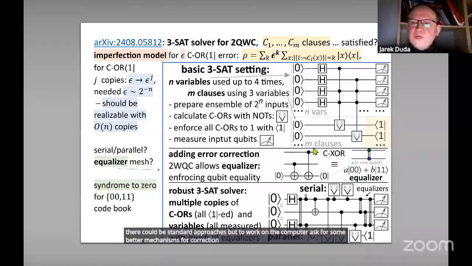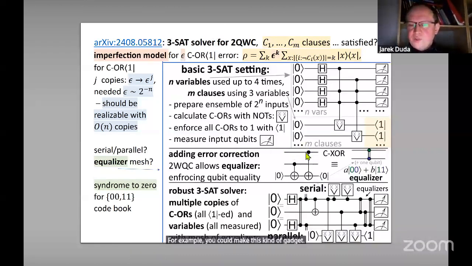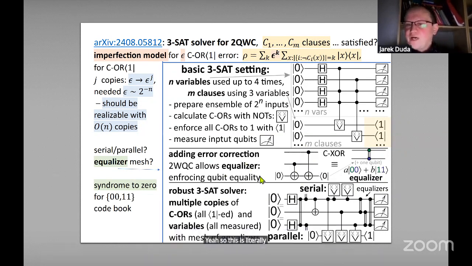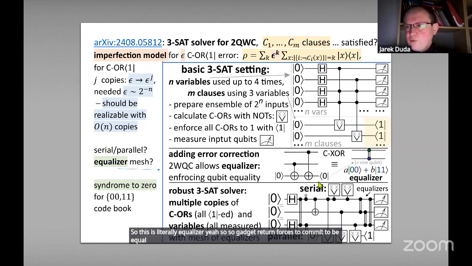For example, we could make this kind of gadget. What it does is enforce that these two qubits are equal. So this is literally an equalizer, a gadget which enforces two qubits to be equal. In a standard quantum computer, you would measure here. Here you can enforce it to 0, to enforce that these two are equal.